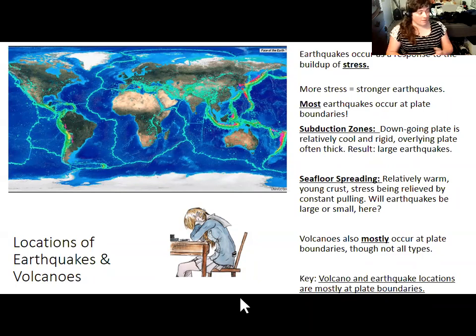So spreading centers are plate boundaries. Subduction zones are plate boundaries. And those plate boundaries, it turns out, are where there are tons of earthquakes. The biggest earthquakes tend to occur at subduction zones.